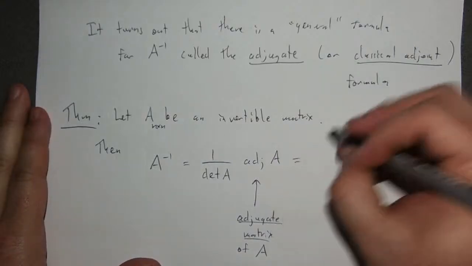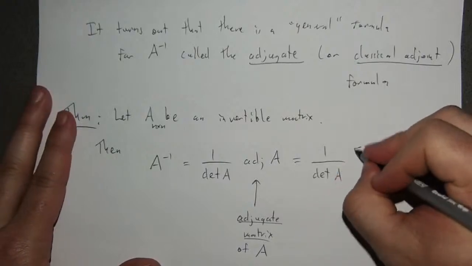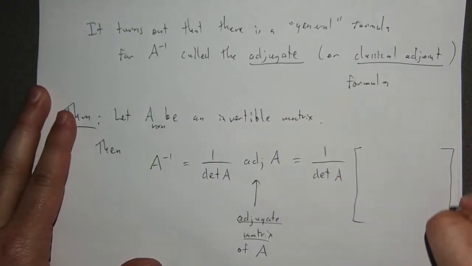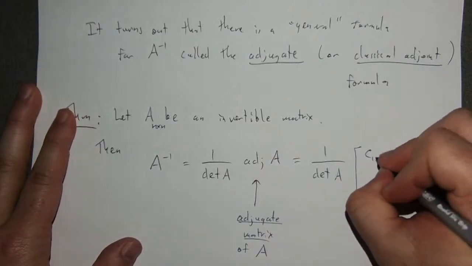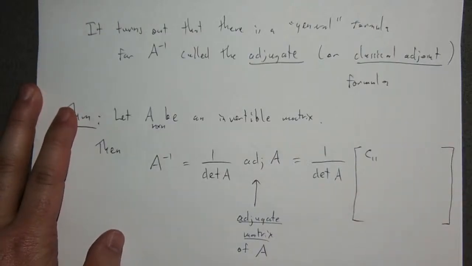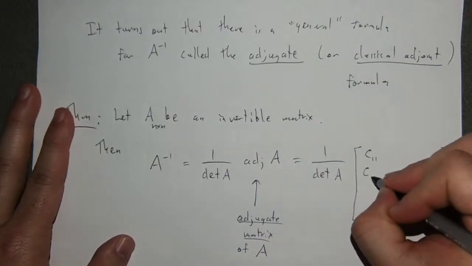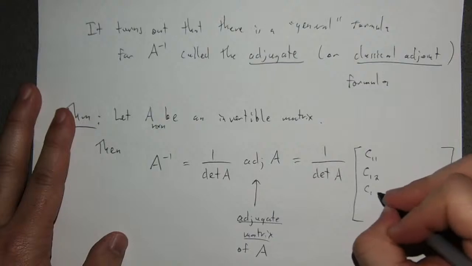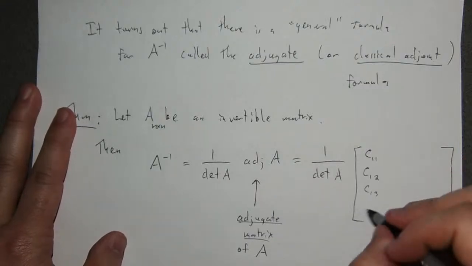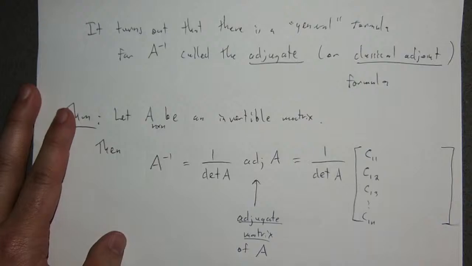And what do I mean by that? This is 1 over the determinant of A times the matrix of cofactors. So the first entry is C11. So across the diagonal, it's actually symmetric. But then this entry is the C12 entry, and this is C13, and all the way down to C1n. So notice that the subscripts are not running in the way that they normally do. They're running in the transposed way.